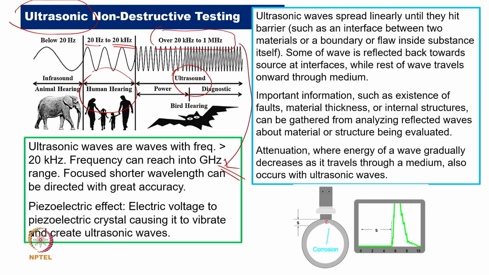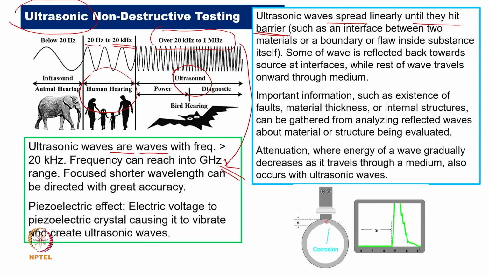Now, they basically send some sort of waves, and they transmit the wave, or it reflects back, so that we get a purposeful solution. That is why we say that ultrasonic waves spread linearly until they hit a barrier.